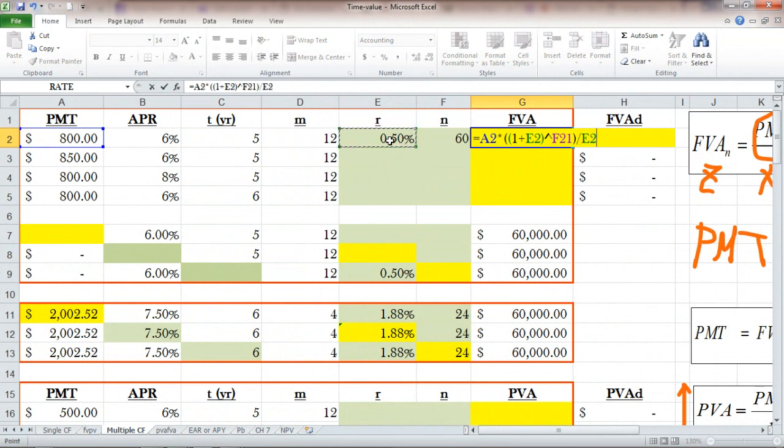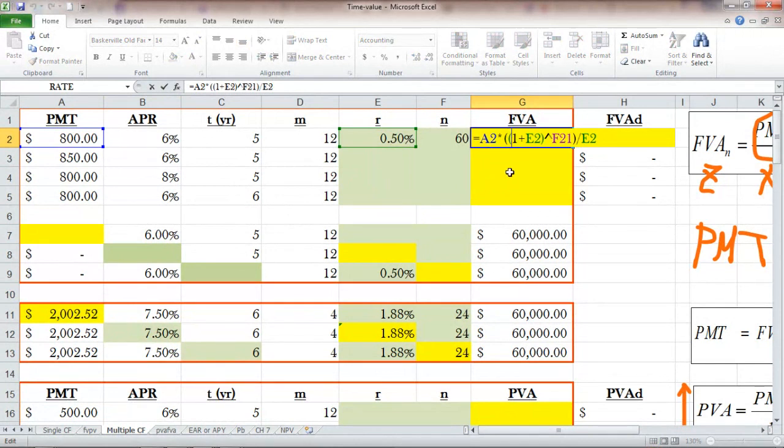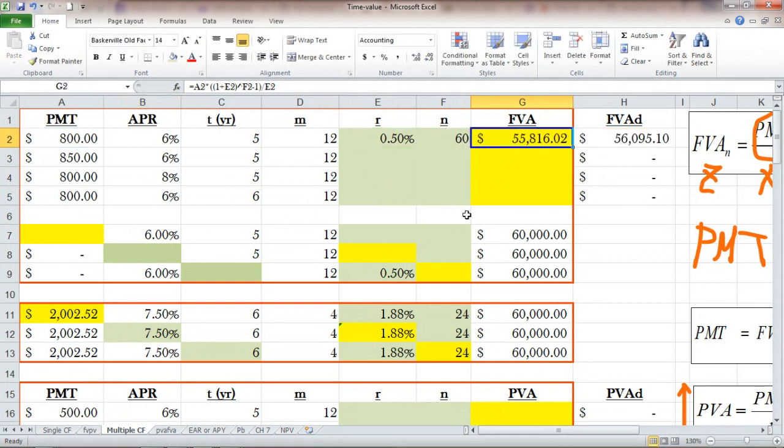That's very simple. And hit enter. Oh, something's not right. I forgot to do 1 plus r raised to n, minus 1. And enter. It's 55,000.